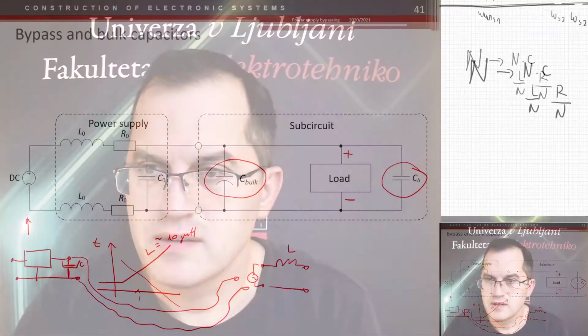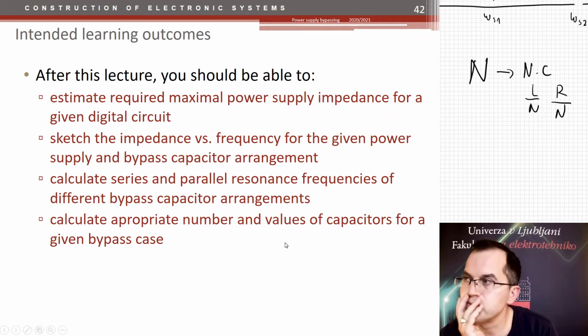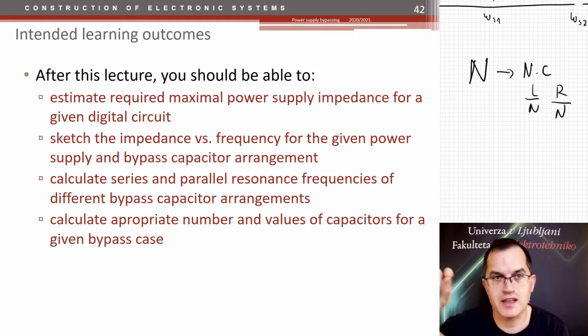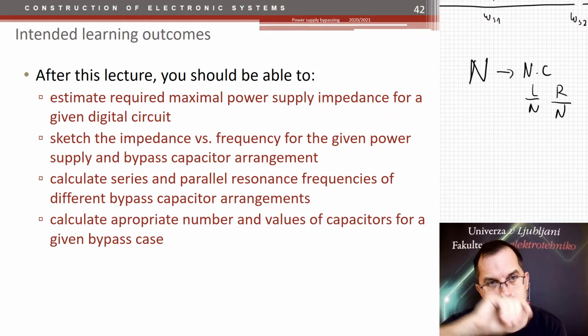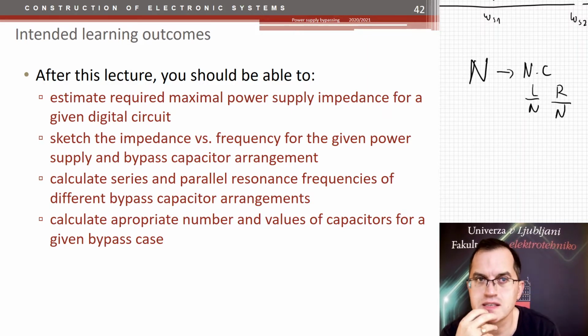So at the end, what are you supposed to learn after this lecture? You should be able to make a rough estimation of the maximal power supply impedance according to a given circuit. So calculate the impedance required for that circuit. You should be able to sketch the impedance, how it changes with frequency if you use power supply bypassing techniques, capacitors, coils.